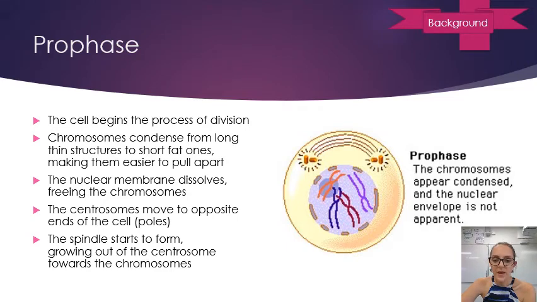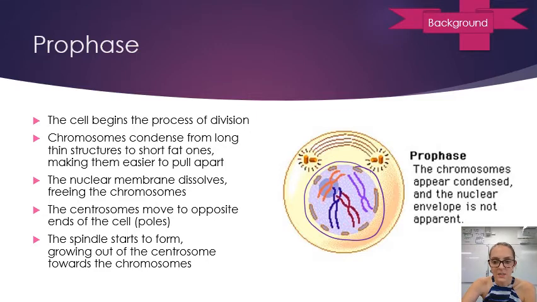So in prophase, I mentioned this earlier, that we start to see the nuclear envelope degrade. So that's your actual membrane of your nucleus. And this needs to degrade so that the chromosomes can leave and align themselves in the cell. The chromosomes also condense, so they form these long, elongated, typical chromosome structures, which makes them easier to pull apart.